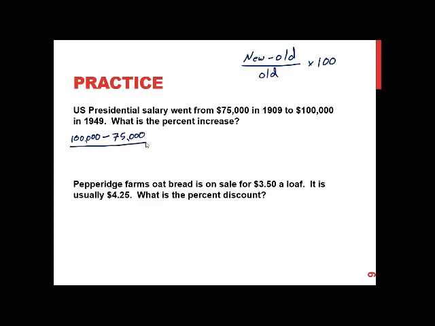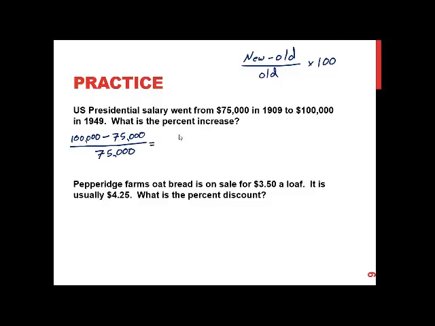And we're going to divide by the original salary. What we divide by is important because that tells us whether we're looking at this in terms of what the old salary was or what the new one is. And we want to compare with the original salary.